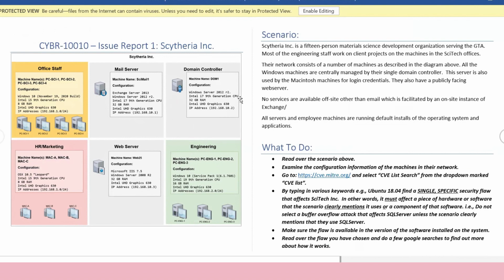your patches for any vulnerability. Then they should consider getting a more recent Windows server instead of using an older version, because I don't know if this one is end of life, but if it's end of life, then it's difficult to get patches for them.